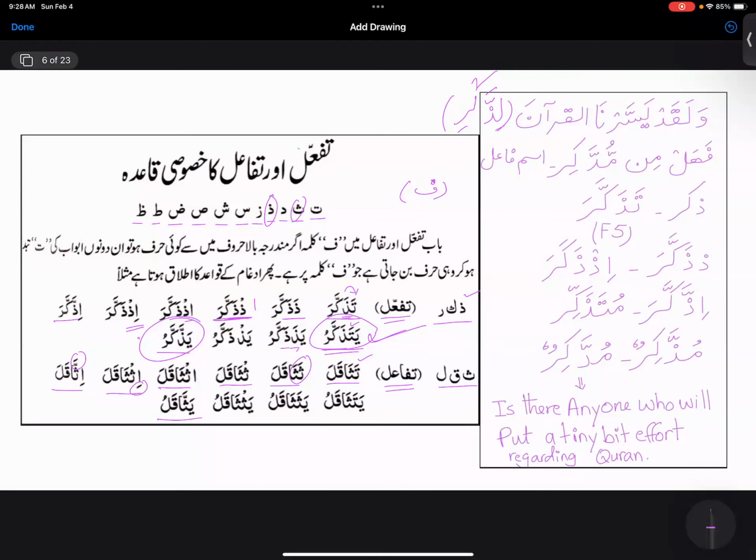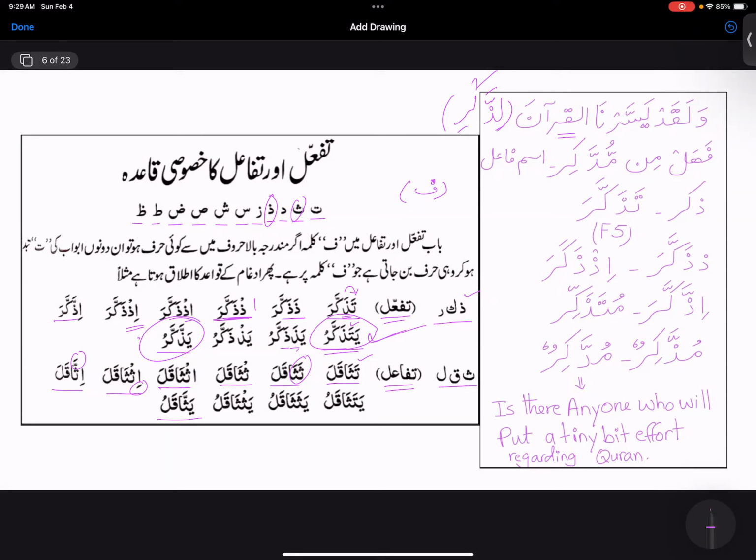Over here it is talking about the Quran. So anything related to the Quran, which could be tajweed, recitation, grammar, pondering, sarf, and whatever we are doing related to the Quran, Allah subhanahu wa ta'ala is saying this is all easy, right? This is the promise of Allah subhanahu wa ta'ala.